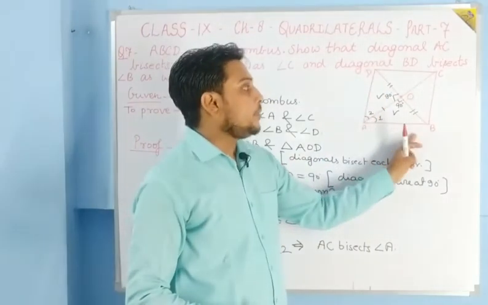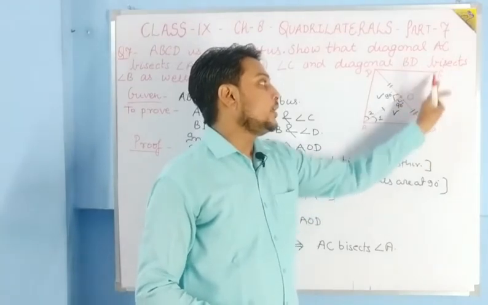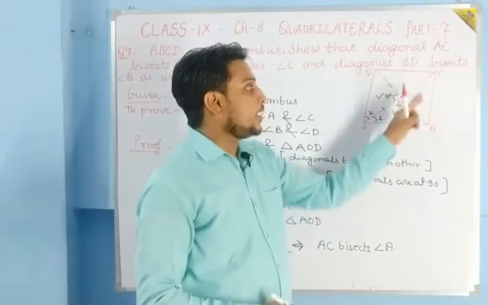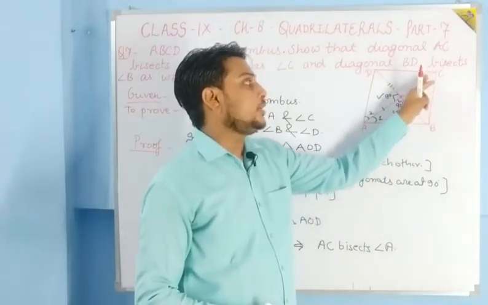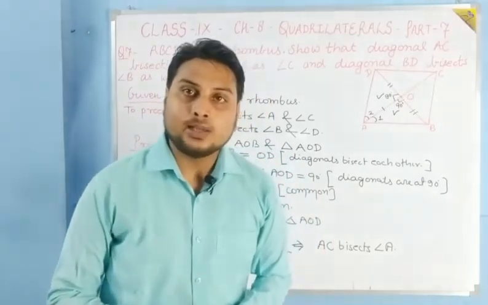In the same manner we can show that the triangle COB is congruent to triangle COD. And in that case we can show that these two angles are equal, means AC bisects angle C also.